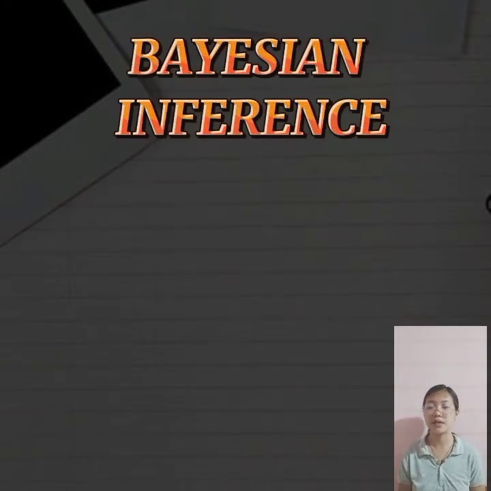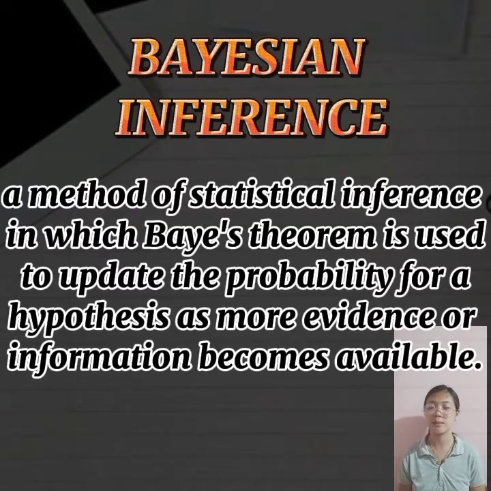Last, Bayesian inference. It is a method of statistical inference in which Bayes' theorem is used to update the probability for a hypothesis as more evidence or information becomes available.